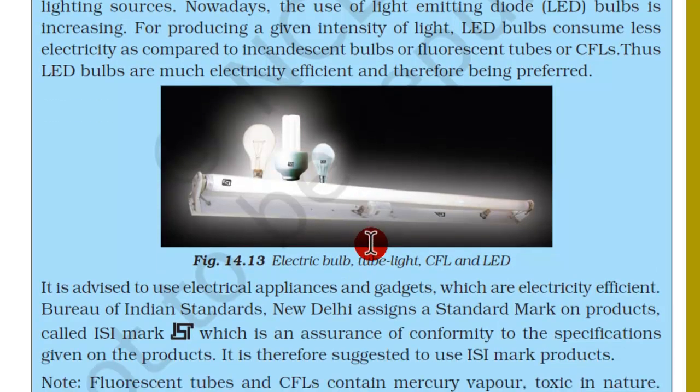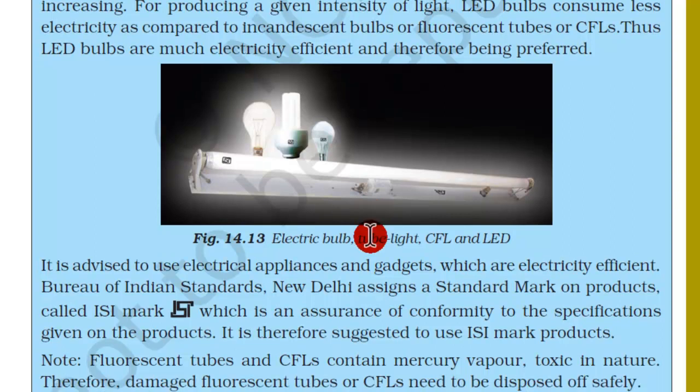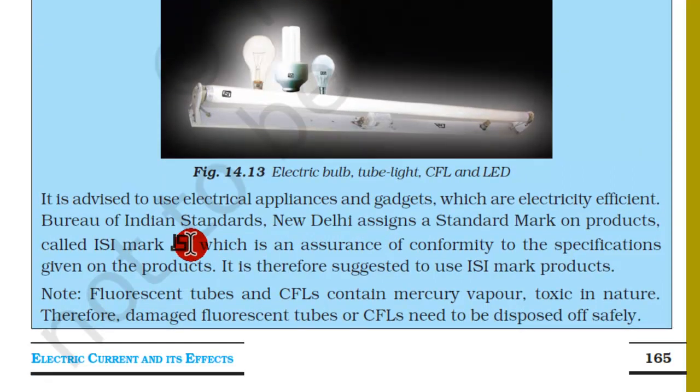And when we use any electric appliances, we have to buy or use only appliances which have a standard mark on the products called ISI mark, which is an assurance of conformity to the specifications given on the products.